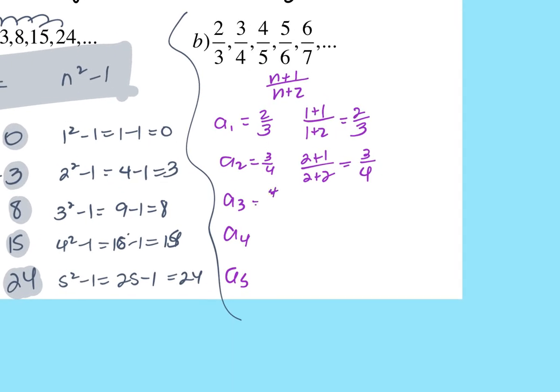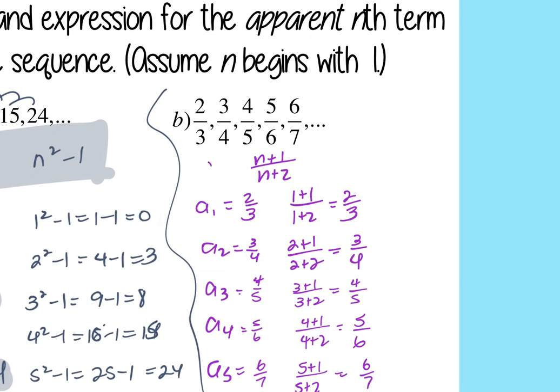This one's 4/5: 3 plus 1 over 3 plus 2, 4/5. This one should be 5/6: 4 plus 1 over 4 plus 2, 5/6. And the last one, 6/7: 5 plus 1 over 5 plus 2, 6/7. So that works. And this would be A sub n equals n plus 1 over n plus 2.